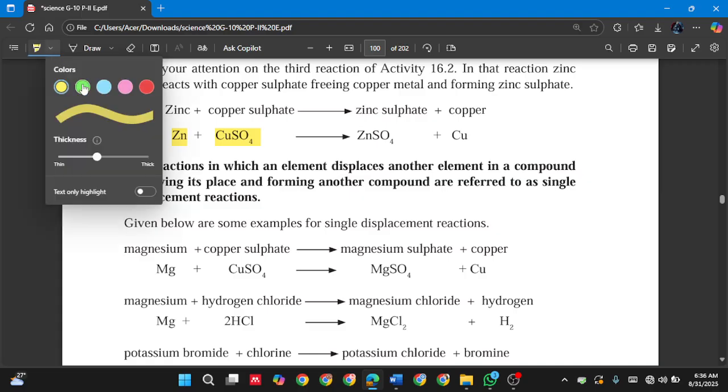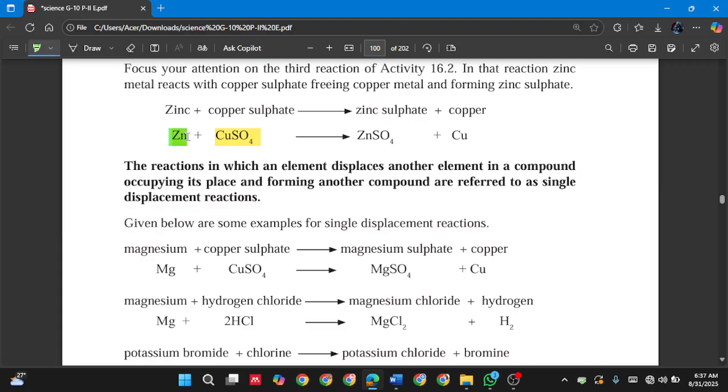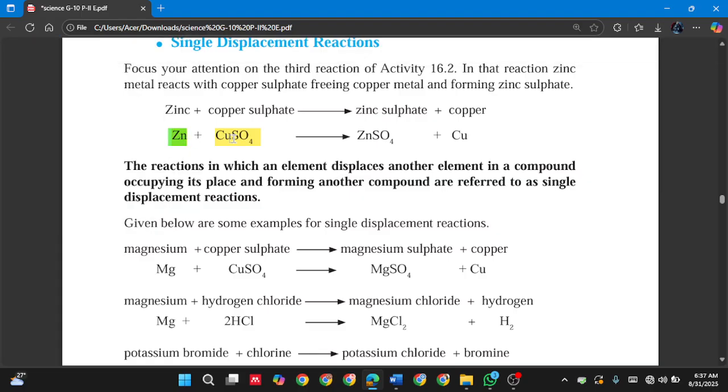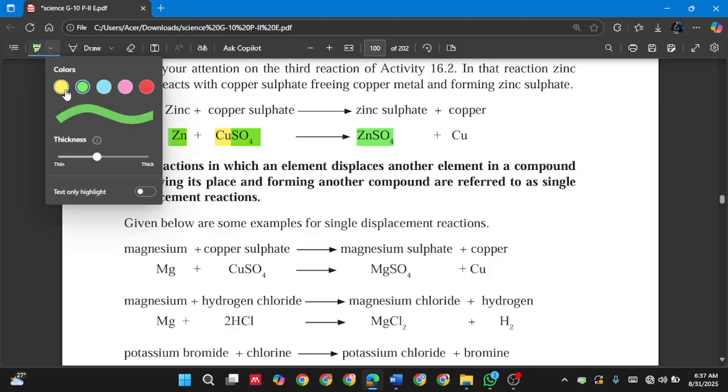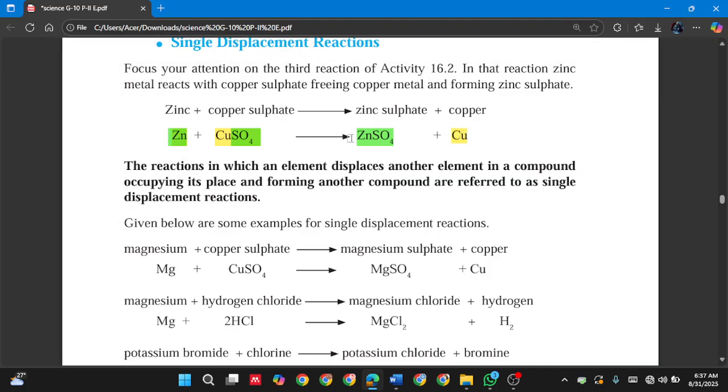This zinc goes with this sulfate and ends up as zinc sulfate, and copper just gets removed. So copper is replaced. Copper in here is replaced by zinc.